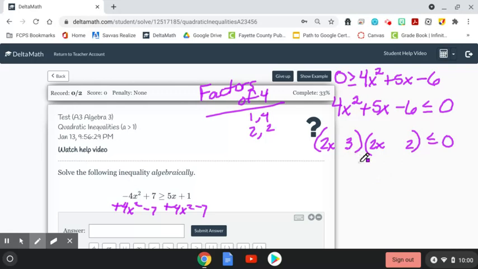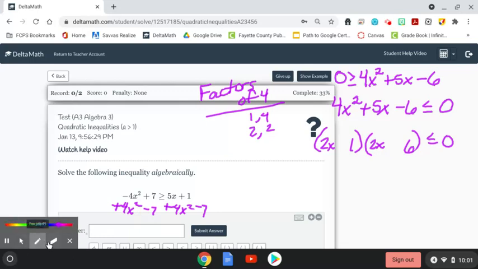Let's see, 2 times 3 is 6, and 4 do not add or subtract to be 5. Okay, well, what if we make this a 6 and a 1 to multiply to get 6? That would be 2 and 12 do not add to be 5.